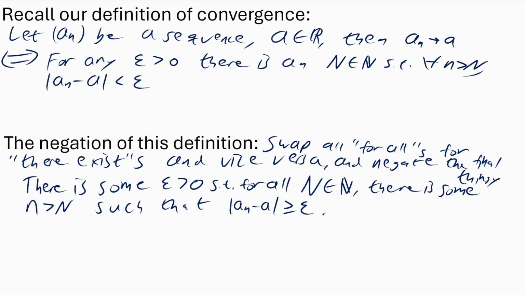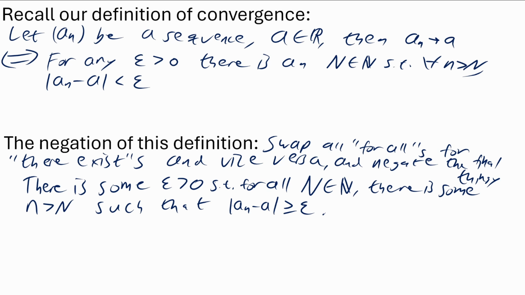If I had the statement, every university in America has a student that can dunk, what would I need to do to disprove that? I would have to find a university where no students can dunk. That's it. All I have to do is show that some university has no dunking students, and then the claim that all universities have a dunking student is false. For convergence, you want to show for any epsilon greater than 0, some condition holds. For the negation, you just want to find some epsilon greater than 0 where it doesn't hold.